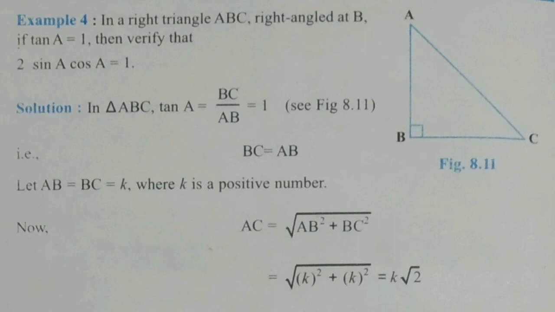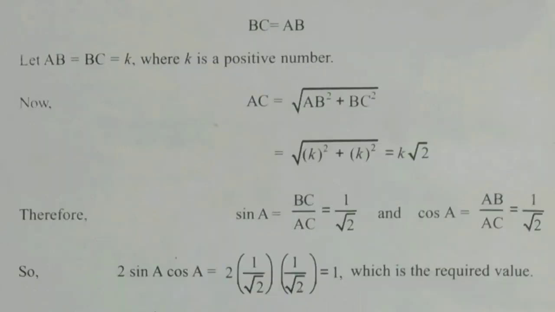If a ratio is equal to 1, it implies that the numerator is equal to the denominator. So, if tan ratio is equal to 1, it implies BC is equal to AB. Let us assume AB is equal to BC is equal to K, where K is a positive number.